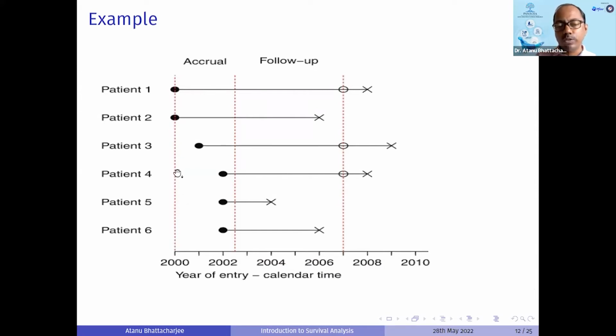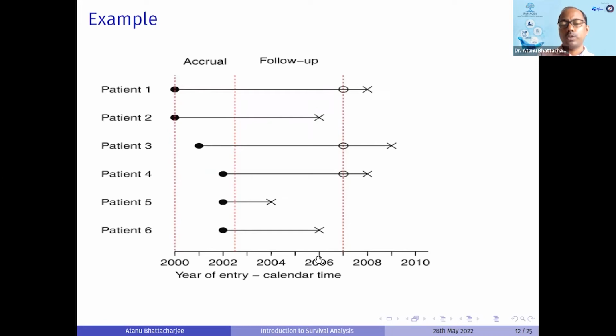So in January 2000 we started a trial, and obviously when you start a trial or study, all patients are not going to come on the first day; somebody will come later. But for example, let's say the first and second patients joined here and were followed up to here, and this person died here, in 2008. The first patient died in 2008, but we end our study in 2007, let's say.